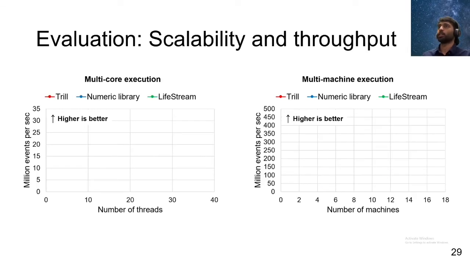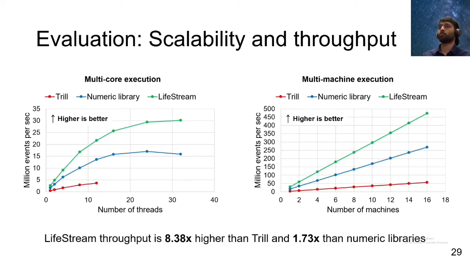Next, we measure the scalability of LifeStream by taking advantage of the data parallel nature of the workload. We scale up the computation by increasing the number of parallel threads of execution in a single machine, as well as distributing the workload over multiple machines.